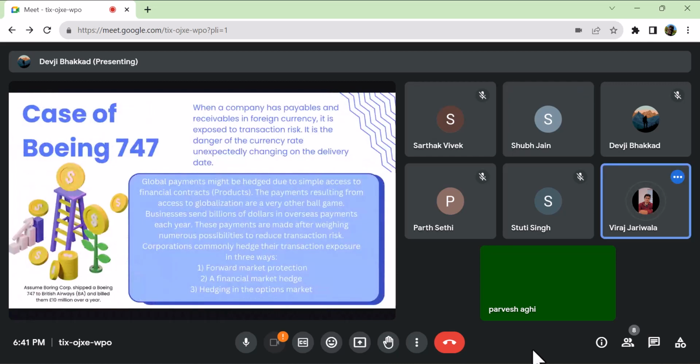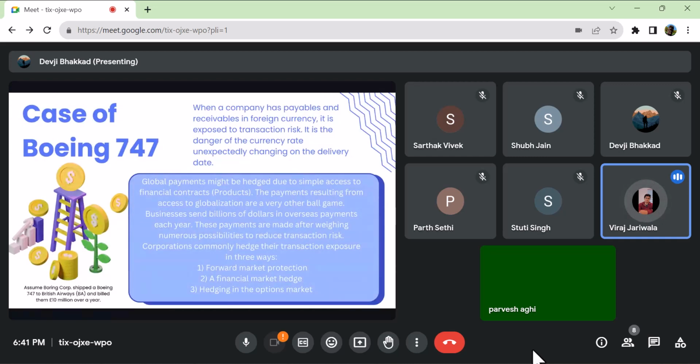Yeah, sure. In the case of Boeing 747, when a company has payables and receivables in foreign currency, it is exposed to transaction risk. It is the danger of the currency rate unexpectedly changing on the delivery date. Global payments might be hedged due to simple access to financial contracts.